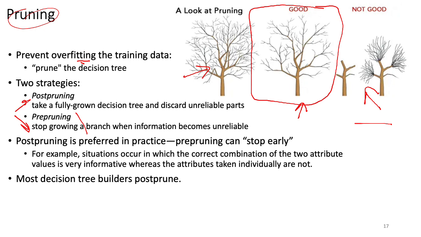And so pre-pruning is not common because it may cause the algorithm to stop early, even before creating a very interesting relationship between the attributes, which may happen all the way near the leaf level if you were using post-pruning. So that's why most of the algorithms use the post-pruning strategies.